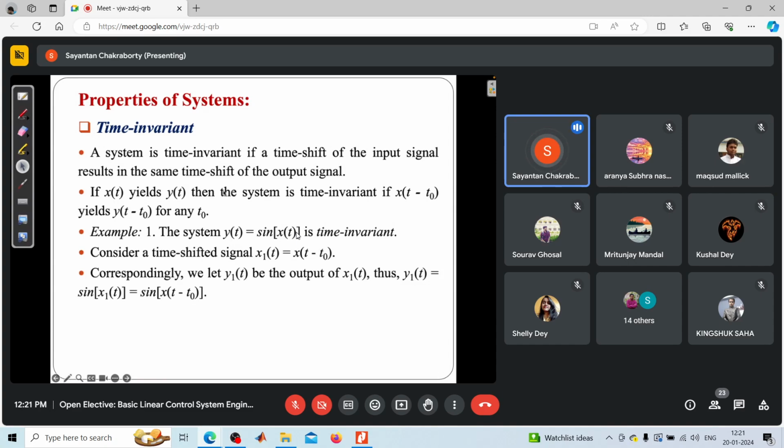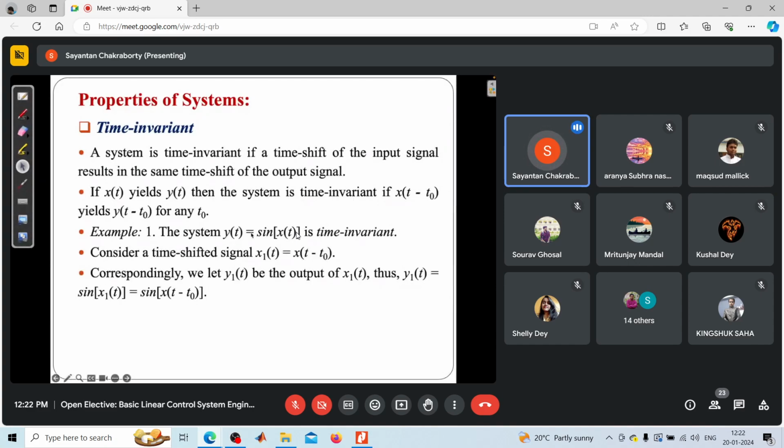Now correspondingly the output with respect to this x1 will be y1, where we put x1(t) into sine, so y1(t) is sine of x(t minus t0). Fine, so this is your output with respect to this new input x1(t), where t is replaced by t minus t0 to indicate there is a shift in the input signal.